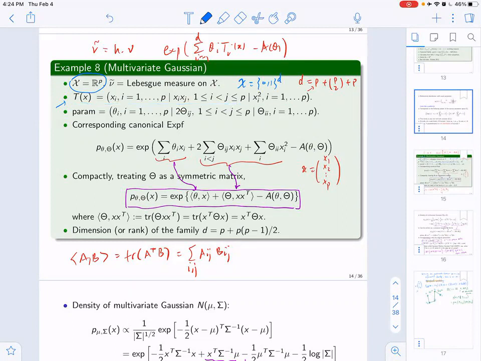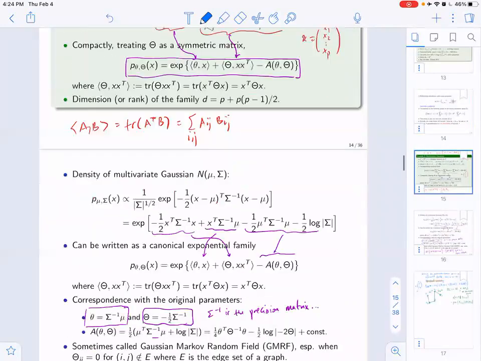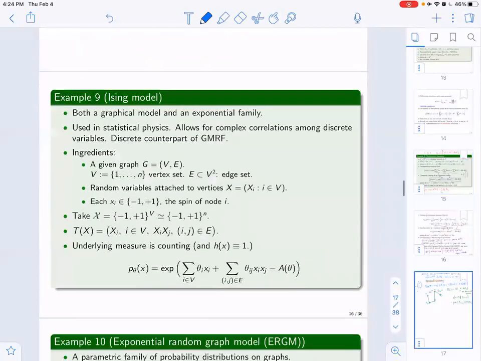That would give you another exponential family in canonical form. And by comparison with this, you might imagine that that would also be a graphical model. So that idea, if you pursue it, leads to the Ising model.